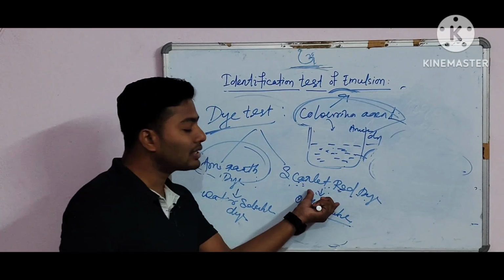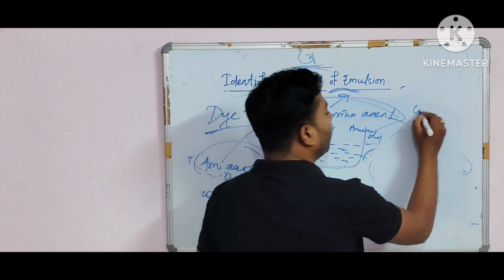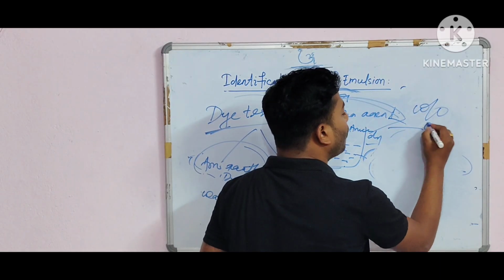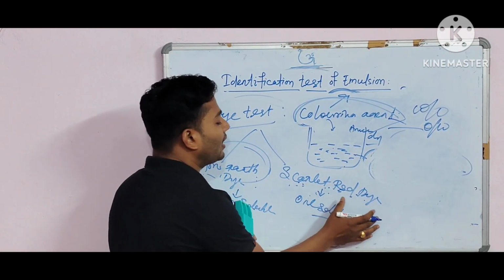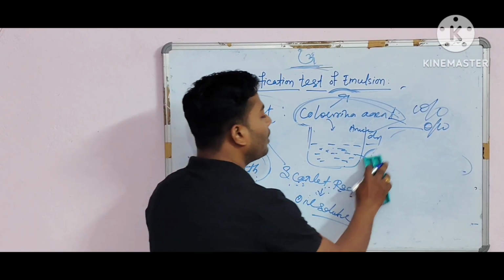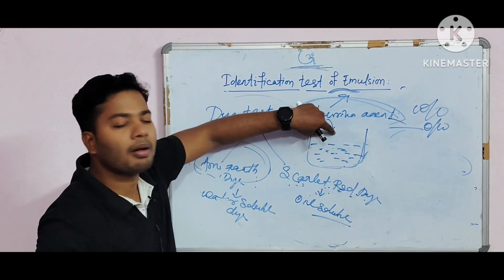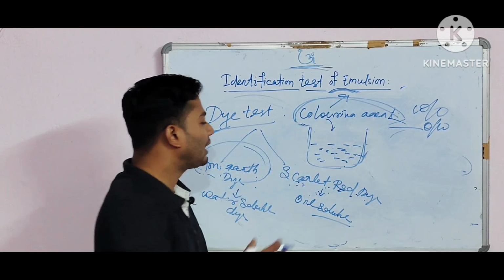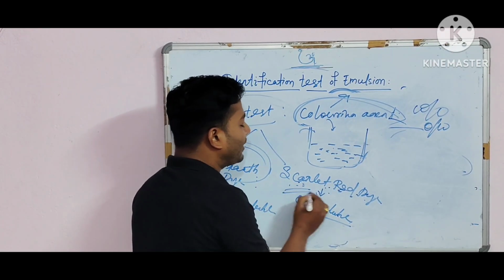And the other one is the scarlet red dye. By using the scarlet red dye, you have to identify whether it is W by O type of emulsion or O by W type of emulsion. So how? All of you know scarlet red dye is oil soluble. Clear? I don't know which type of emulsion is in this beaker, so you have to add some scarlet red dye.